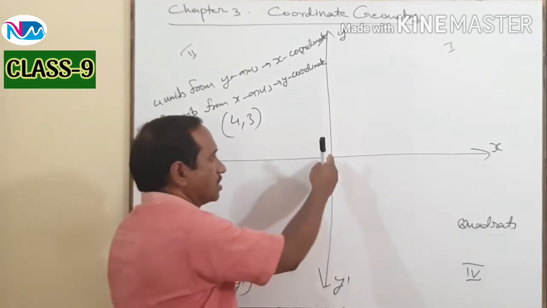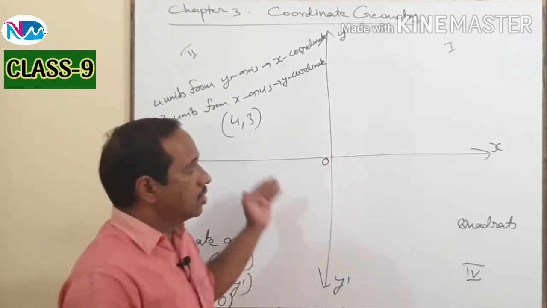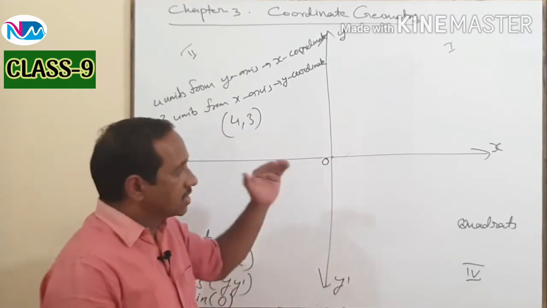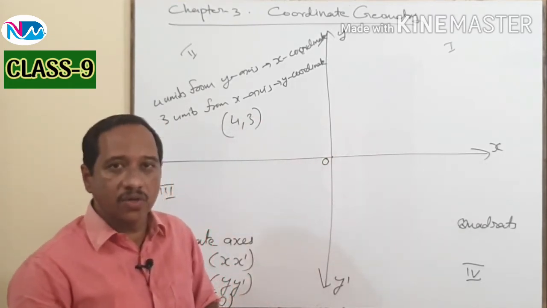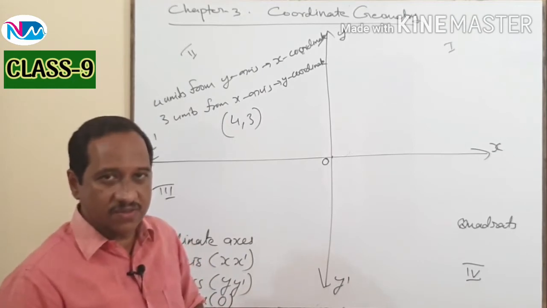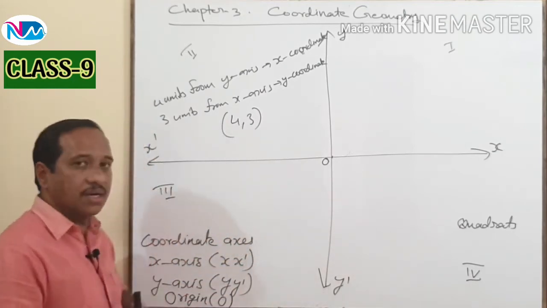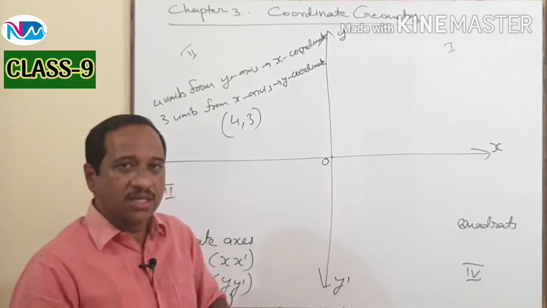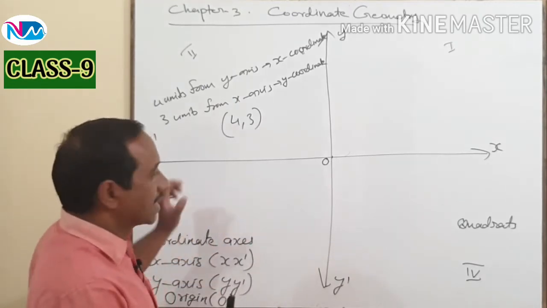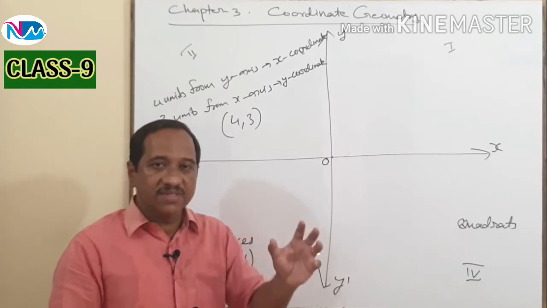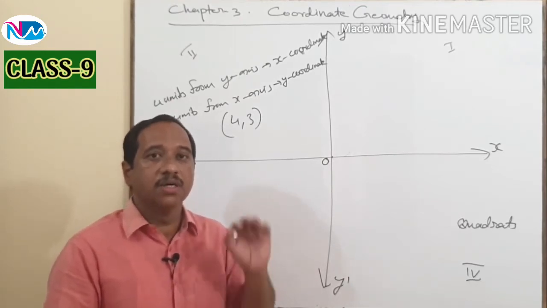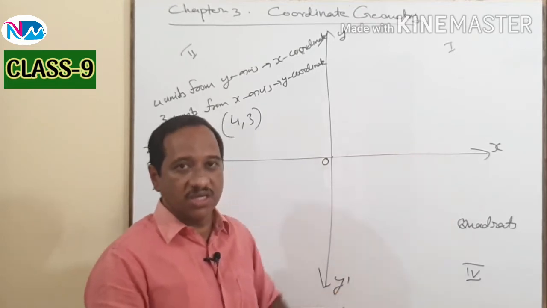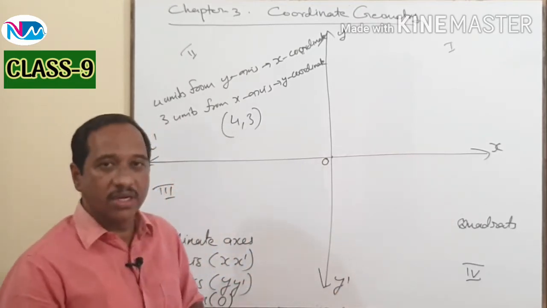When you are at origin, you can go towards right and towards left. The distances towards right are denoted by positive distances and distance towards left are denoted by negative distances. So here the positive sign and the negative sign only gives us the direction of movement. That is towards right then positive, towards left then negative.